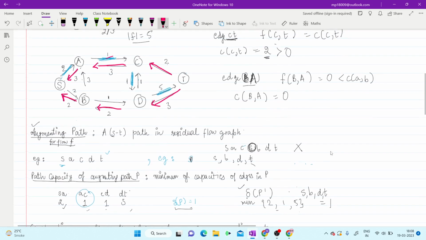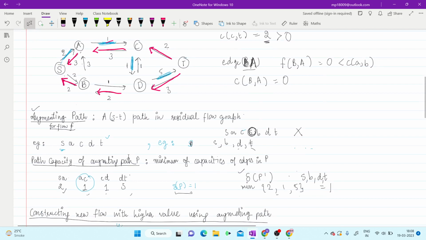In this example we are getting a path which has all the forward edges, but it's not necessary that we'll always get that. We'll see in later examples.